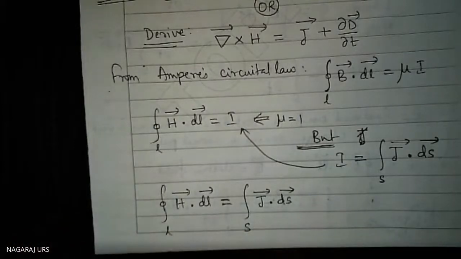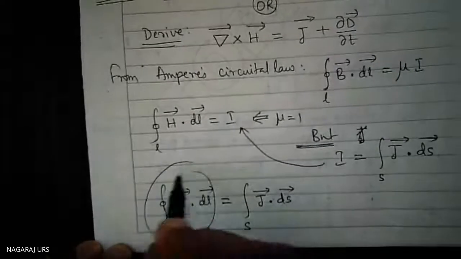Again, the problem is, I want to equate these two now, but this is in terms of line integral and this is in terms of surface integral. I want to convert the line integral into the form of surface integral.